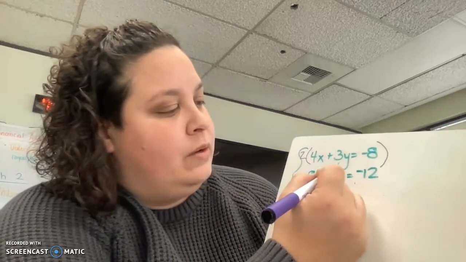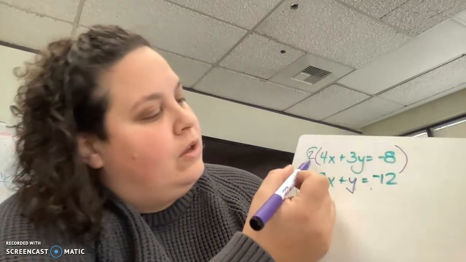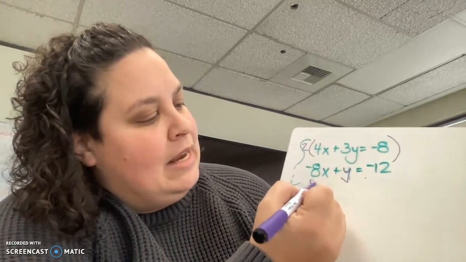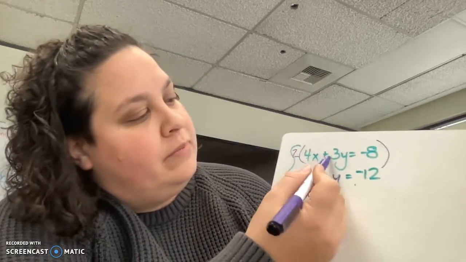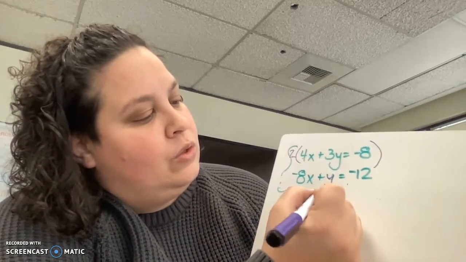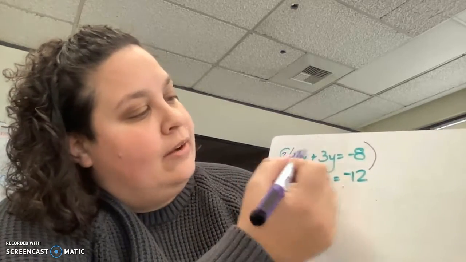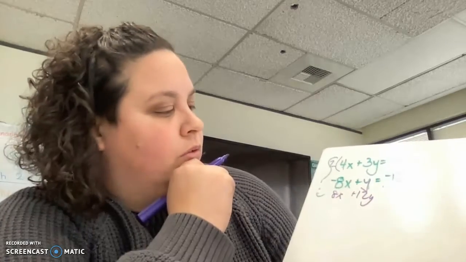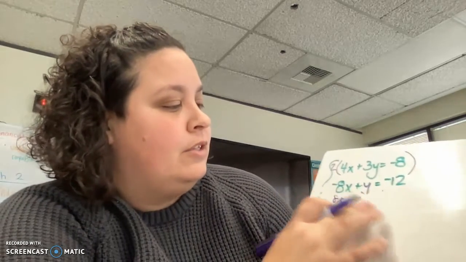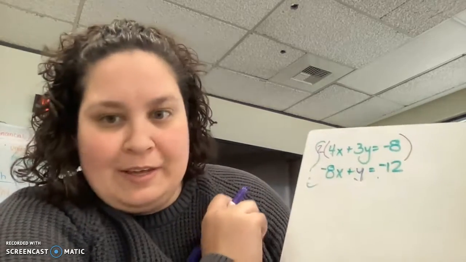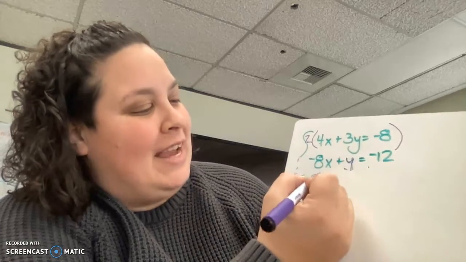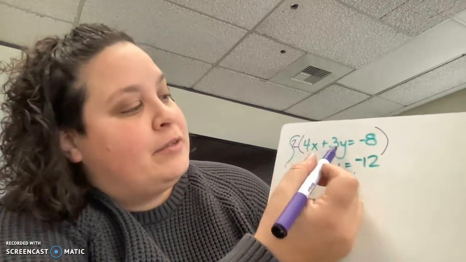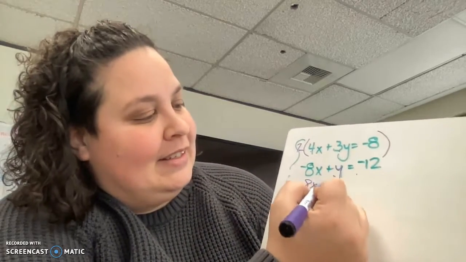I'm going to write the new equation right down here. So 4 times 2 is 8x. 4 times 3 is 12y. And 4 times, sorry, I'm doing 4, my bad. Sorry, one second. Let's try this again. 2 times 4 is 8. 2 times 3 is 6.